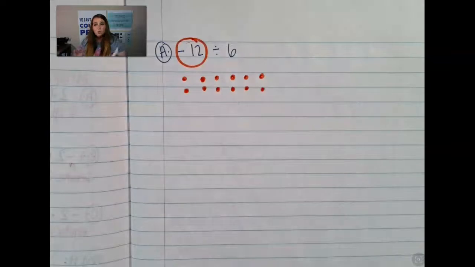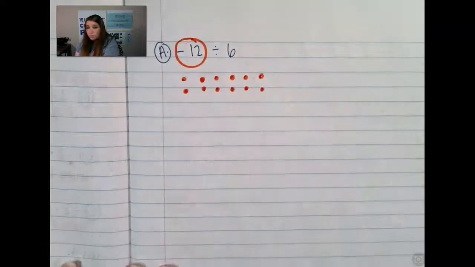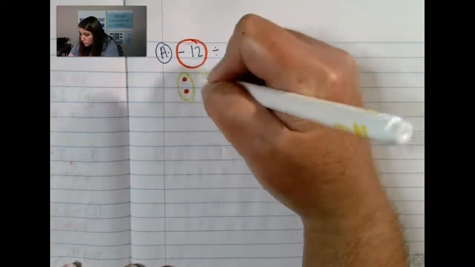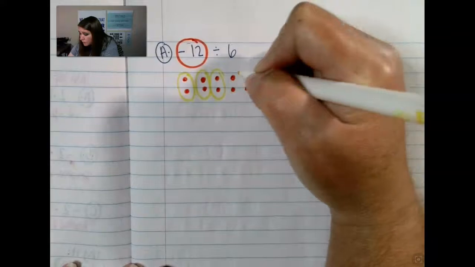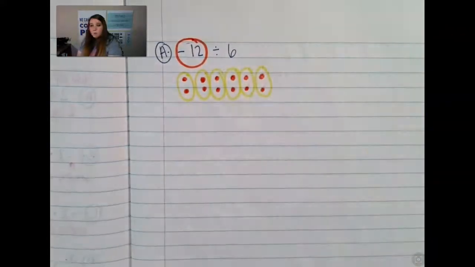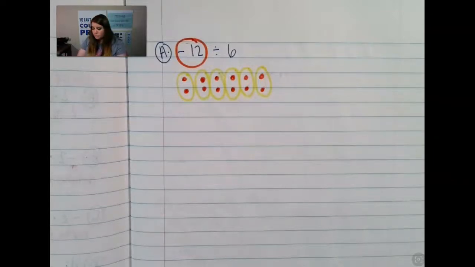Okay, so I have 12 things. Well, I need to split those 12 things into 6 groups. So I'm going to split this into, there's a group, there's a group, there's a group, there's a group, there's a group, and there's a group. But what is inside the groups? That's where your answer comes from.